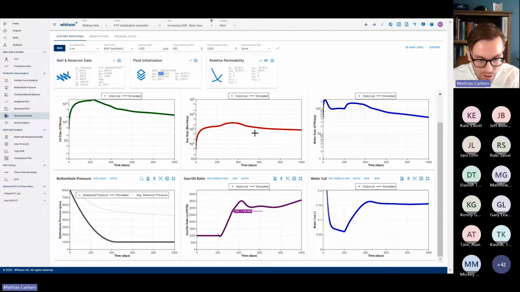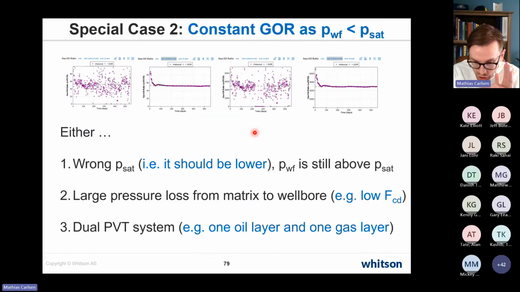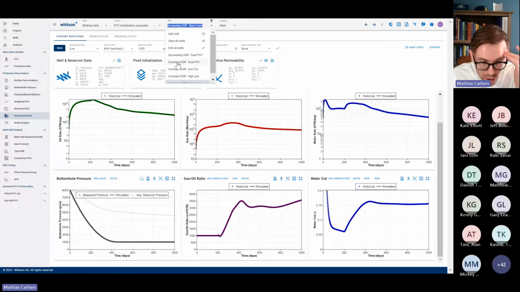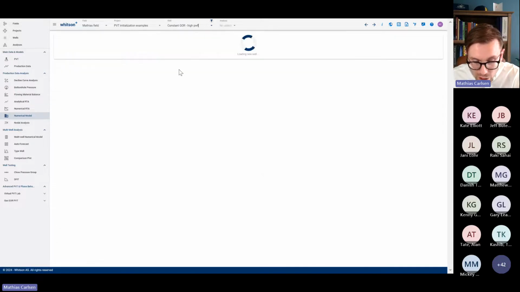But then you have these wells, as I talked about, that show you this constant GOR performance over time. So one plausible explanation that I think in general is typically not the case, but it is possible, would be that your bottom hole pressure is just high.